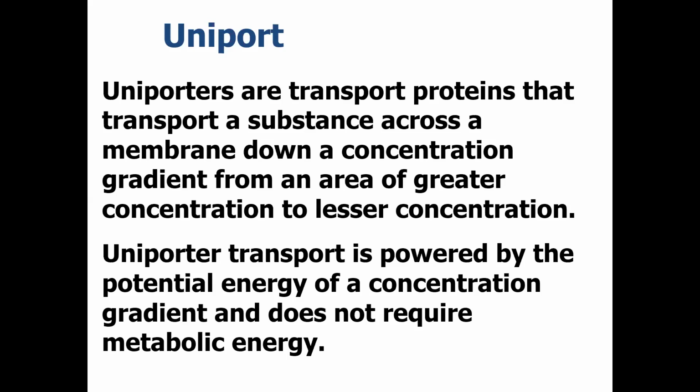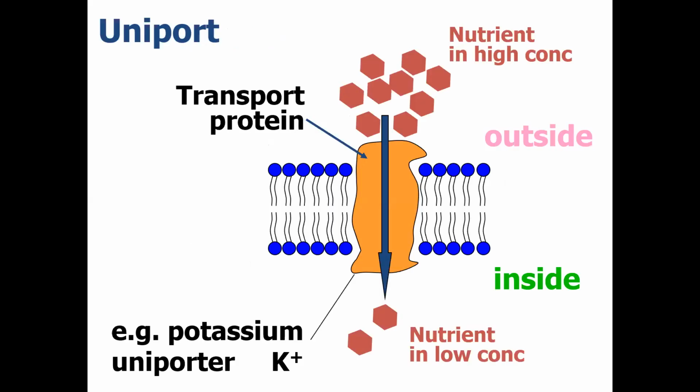And this protein utilizes potential energy, not cell metabolic energy. This one is a diagram of a uniporter, a transport protein. The orange protein shows the transport protein, and the nutrient molecules, which are higher outside the cells, move inside the cells by using the potential energy.